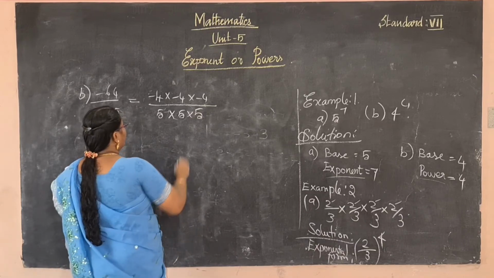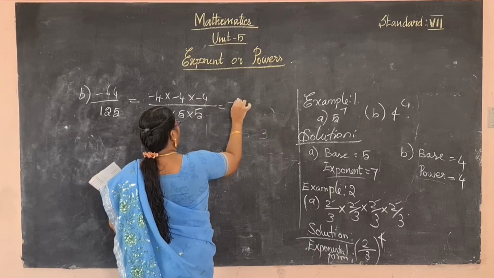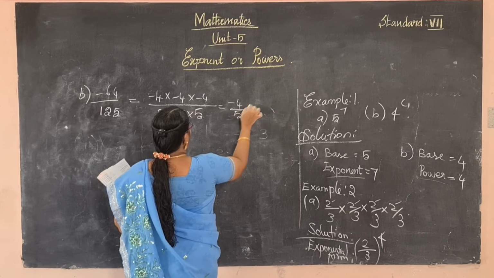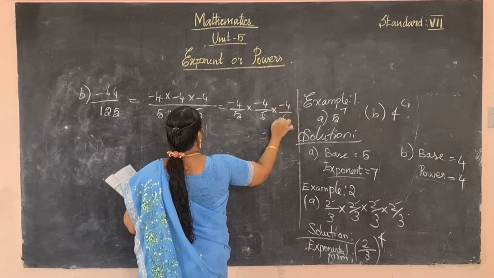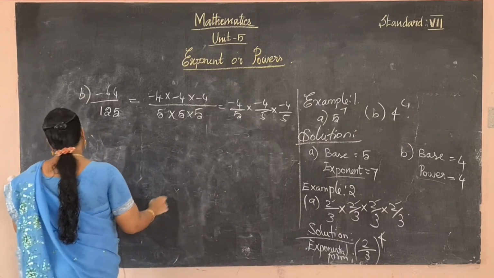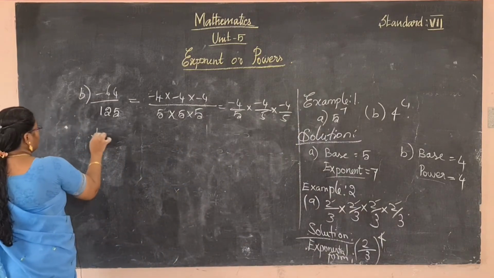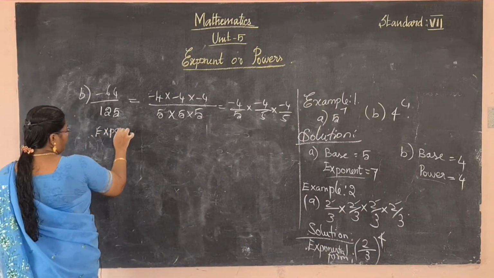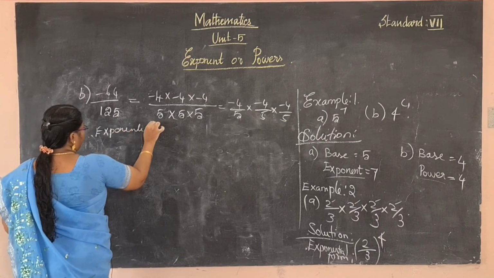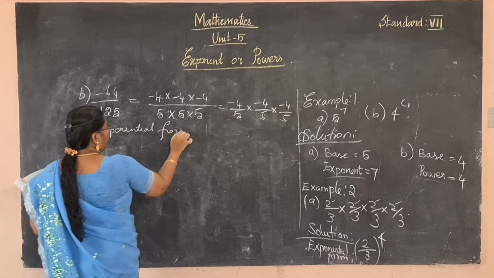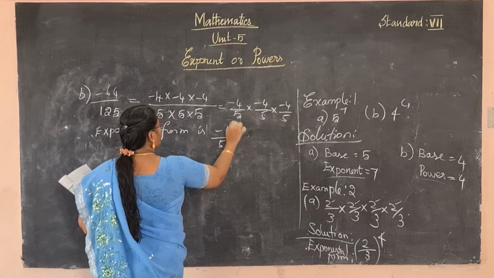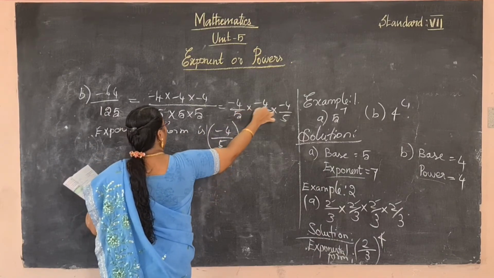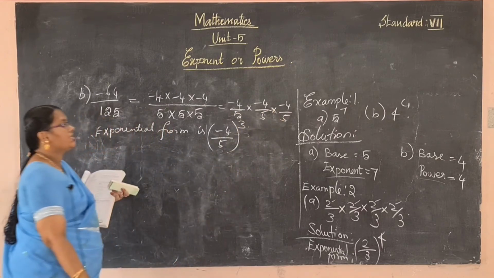So it can be written as minus 4 by 5 into minus 4 by 5 into minus 4 by 5. Now we have to write it in the exponential form. The base value is minus 4 by 5. How many times repeated? 3 times.